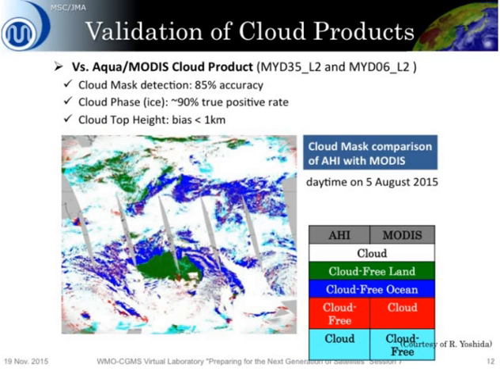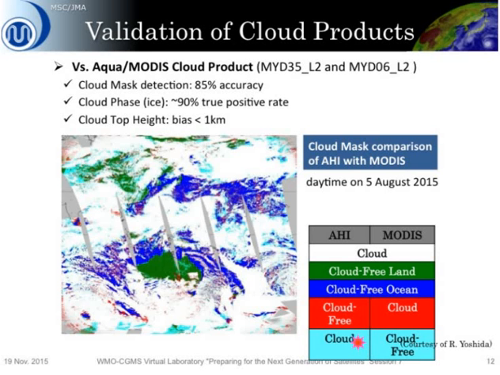We evaluate and validate our cloud products by comparing with Aqua MODIS cloud products. This shows cloud mask comparison of AHI with MODIS. Here, red and light blue areas denote discrepancies between two products.